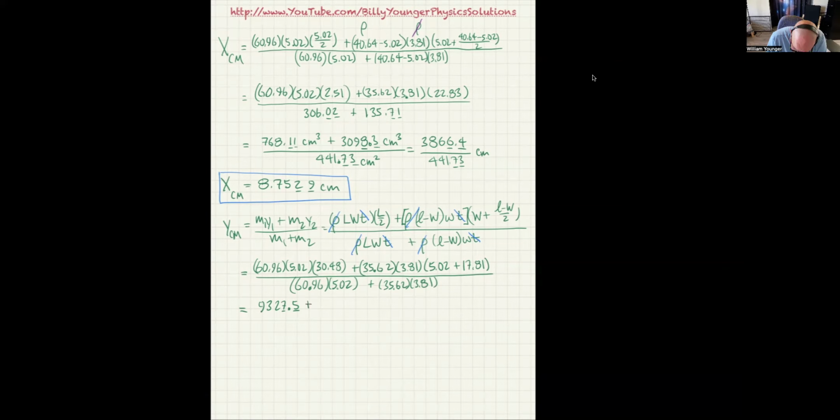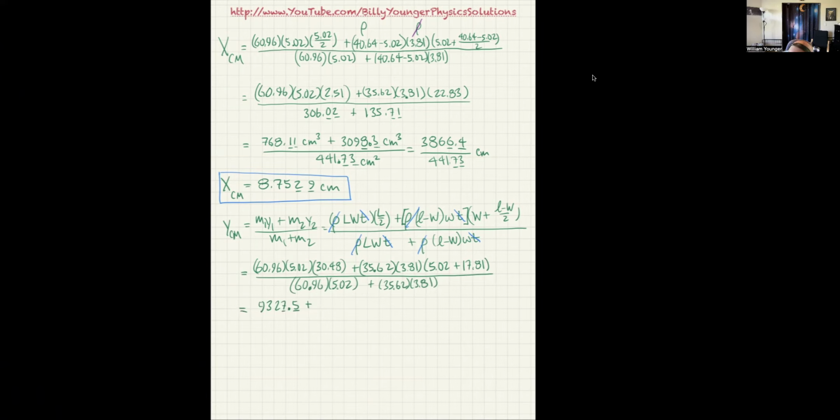Now I have to add to that the same multiplication I showed written here. That's 35.62 times 3.81 times, now I'm going to take parentheses, 17.81 plus 5.02, and that should give me basically 4 sig figs again.